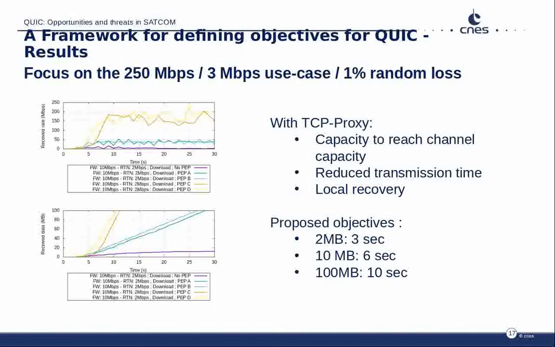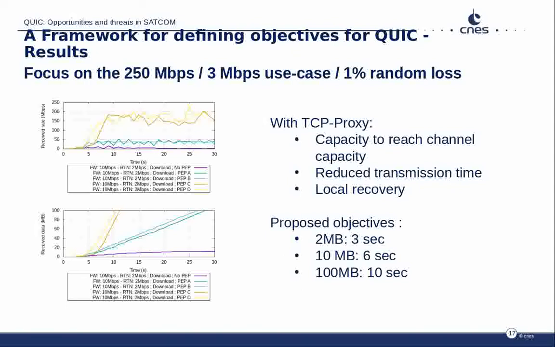We have also looked at a more challenging case where we have 250 megabits download and 3 megabits upload, but also random losses after the satellite terminal. In this case, as opposed to the previous slide, when there is no PEP, the purple line does not do as well as the green and the blue ones.